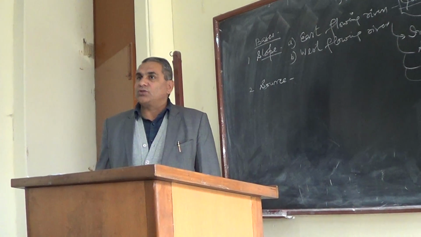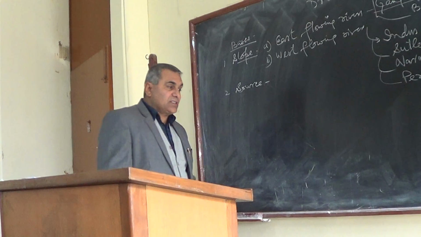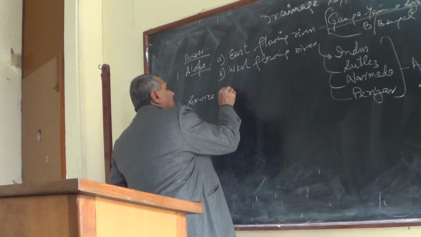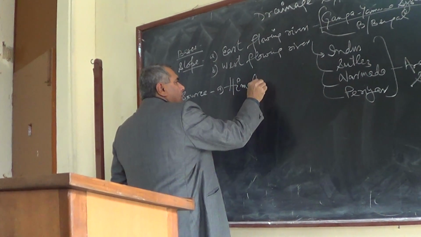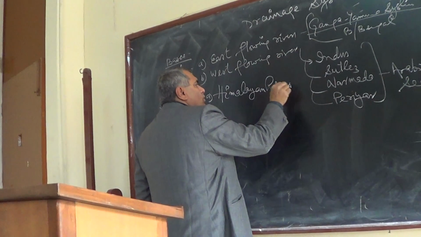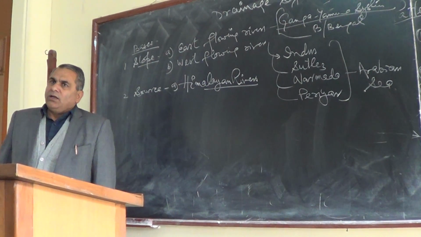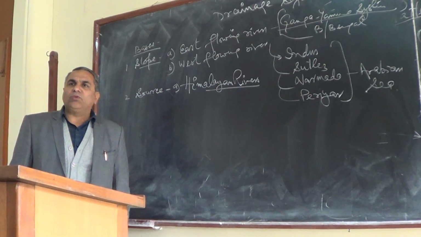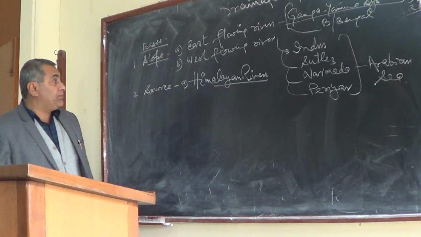Another is the source. In India we have two sources of rivers. One is the Himalayan rivers, which basically obtain water from rain and snow both, and they are perennial.